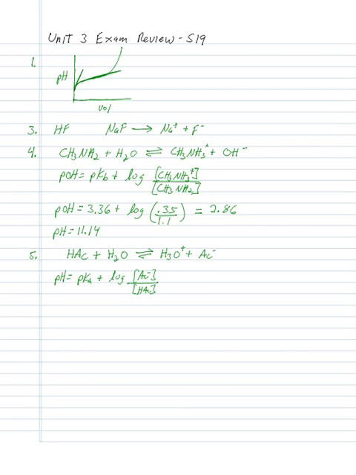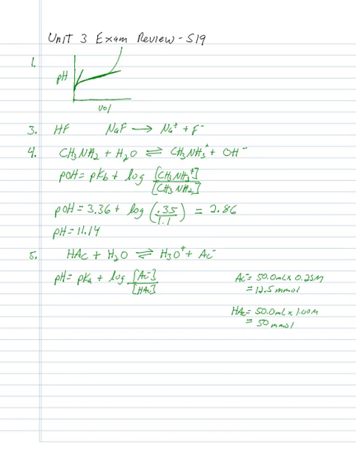Okay. So for my Ac minus, my acetate ion, what do we have? We have 50 milliliters times 0.25 molar, and so that's going to be equal to 12.5 millimoles. And for my acetic acid, I have 50 milliliters times 1 molar, and so that's equal to 50 millimoles.